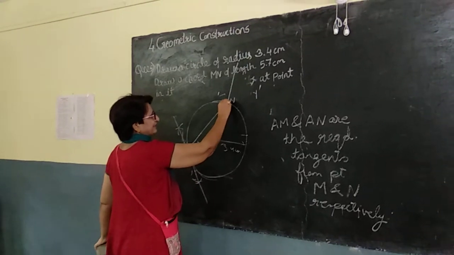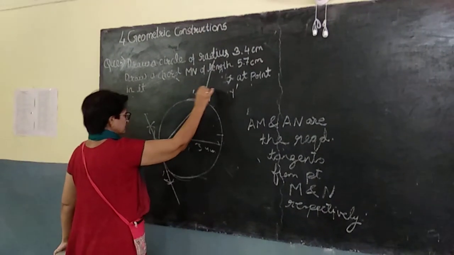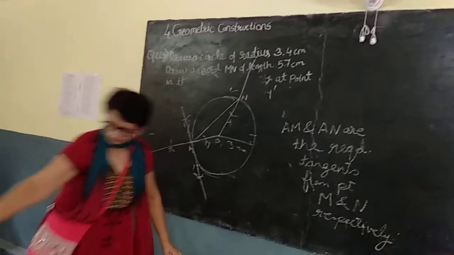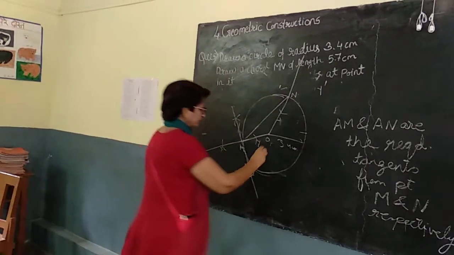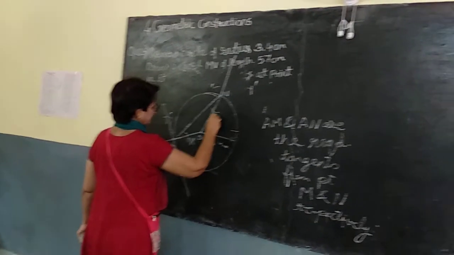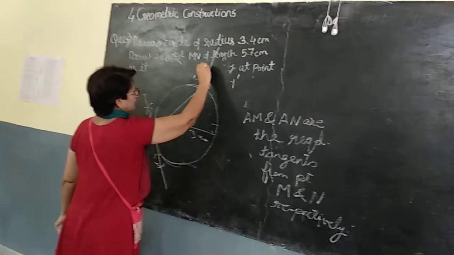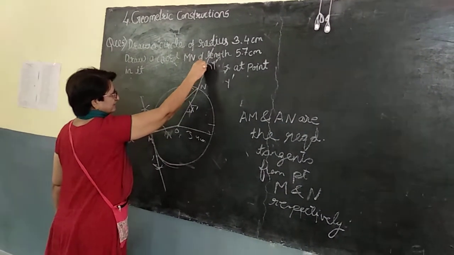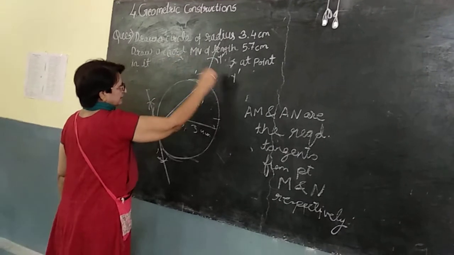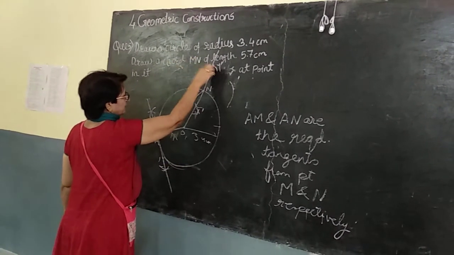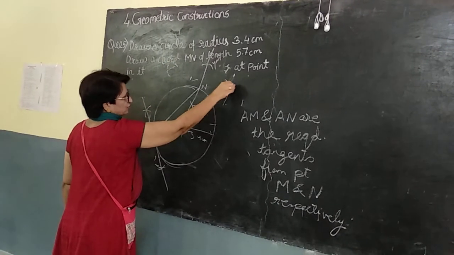Point N, take any convenient distance, mark it here, X dash, and then mark it here, Y dash. Then taking more than half of X dash and Y dash, mark an arc here, mark an arc here, and then from point Y dash also cut the initial arc.